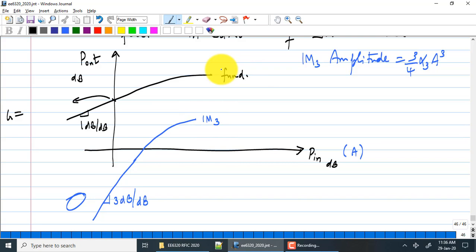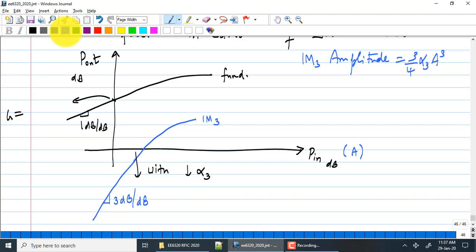Yes, so the whole blue curve will shift downwards. You understand? The blue curve will shift downwards since the amplifier is more linear, the magnitude of the third order intermodulation components will be lower, because alpha 3 is lower for the same amplitude. So this curve will shift downwards with decreasing alpha 3. That is the other thing I know.